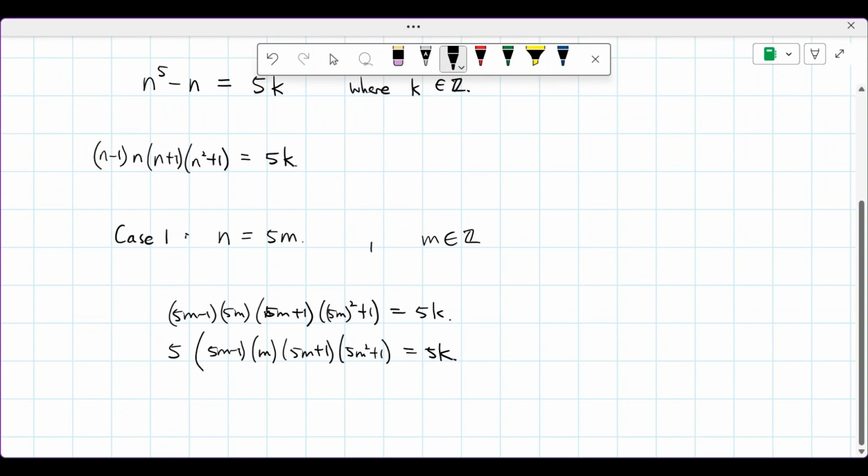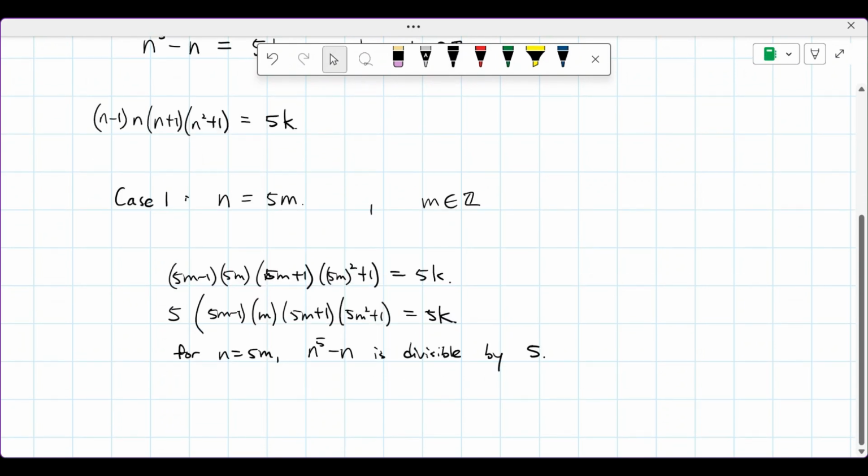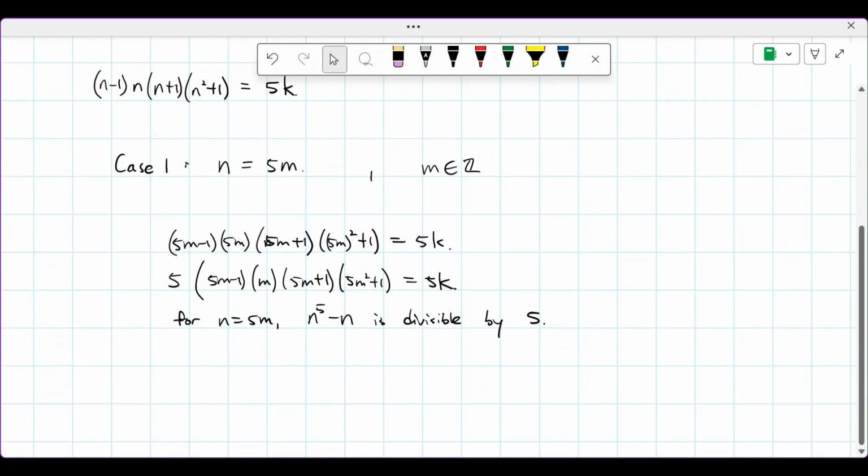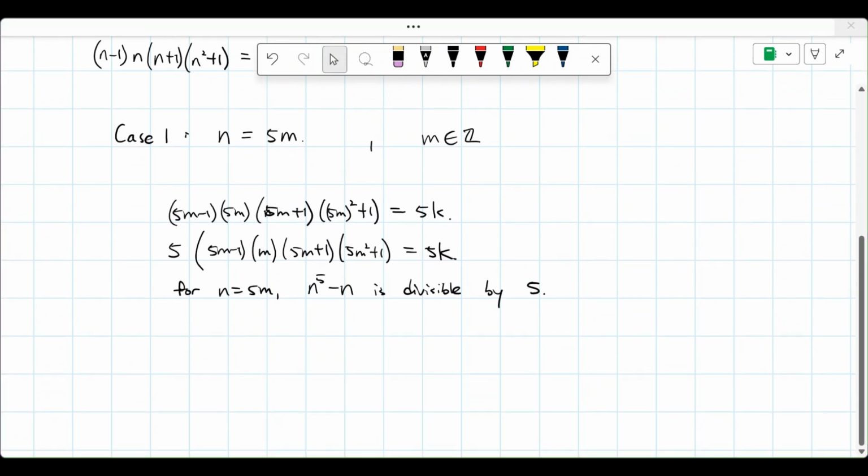So 5 times an integer is definitely divisible by 5. So indeed, for n equals 5m, n to the power 5 minus n is divisible by 5. So basically, we're seeing the case where n equals, for example, 5, where m equals 1. Then what other cases can we have?